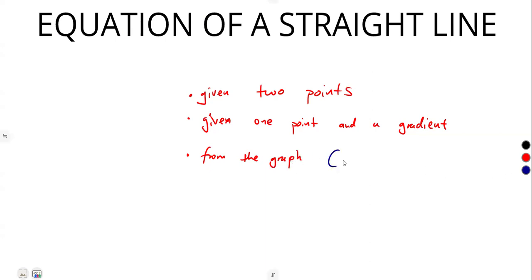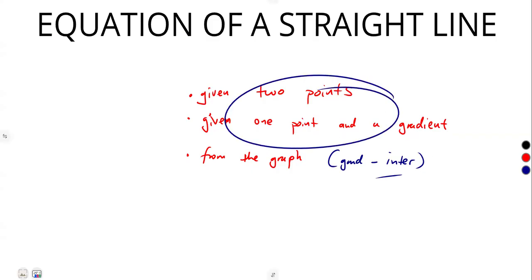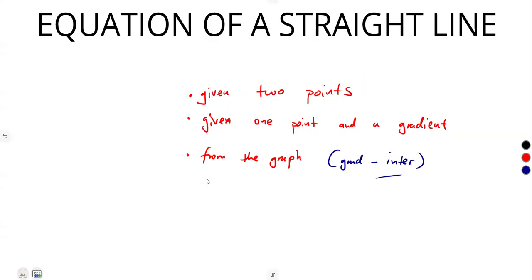So basically on that one, you focus on the gradient and the y-intercept. That is the most important, of which you can also use points. It'll be in your hands. Use 1 point and gradient. You can even go back here and apply those methods.